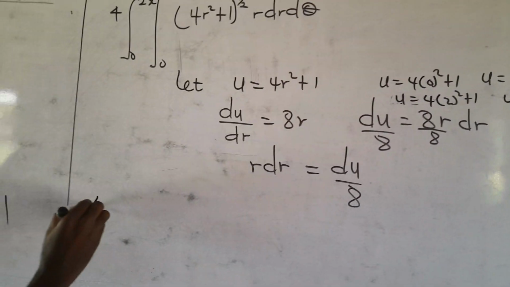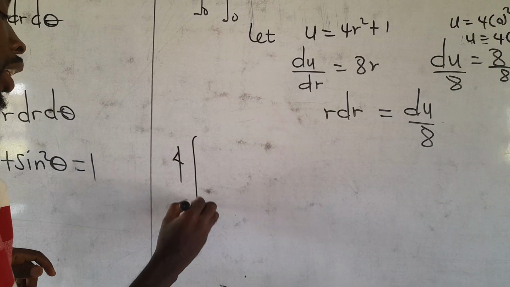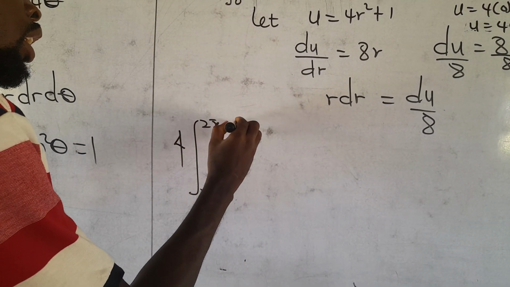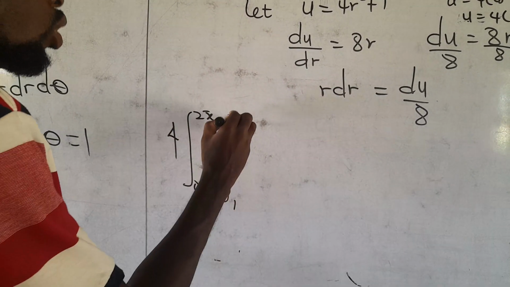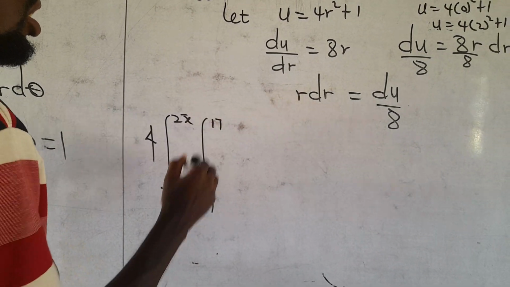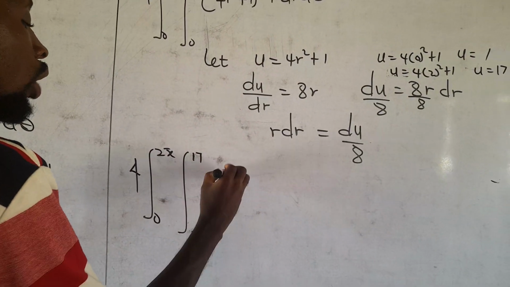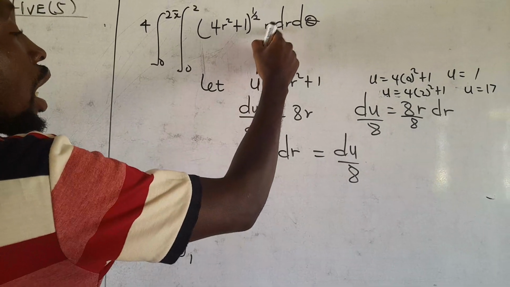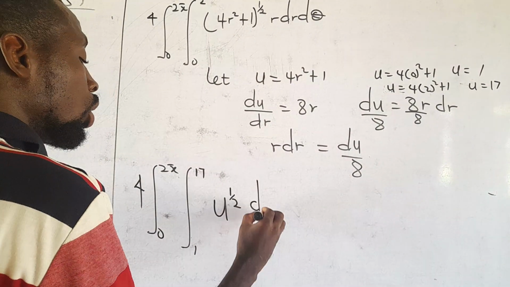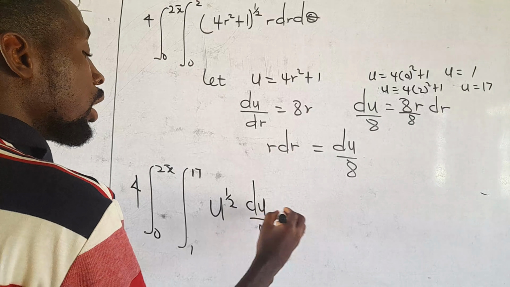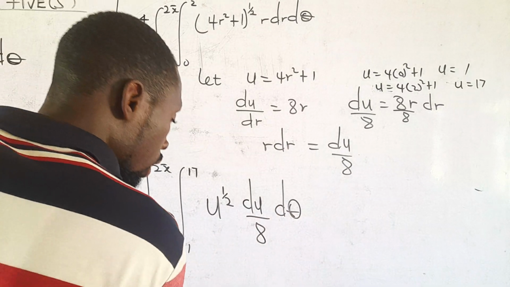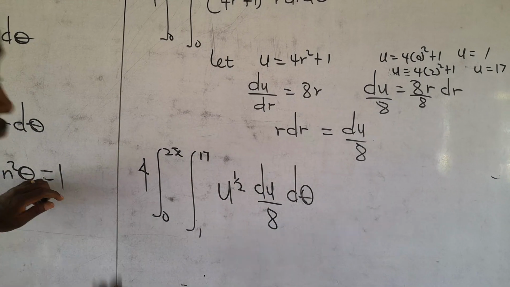Then we can say this will be 4 times the integral from 0 to 2 pi, the integral from 1 now to 17, and in place of this we write u exponent half. Then in place of r dr, we substitute du over 8, then d theta. Now this is 1 over 8, I can bring it out again.